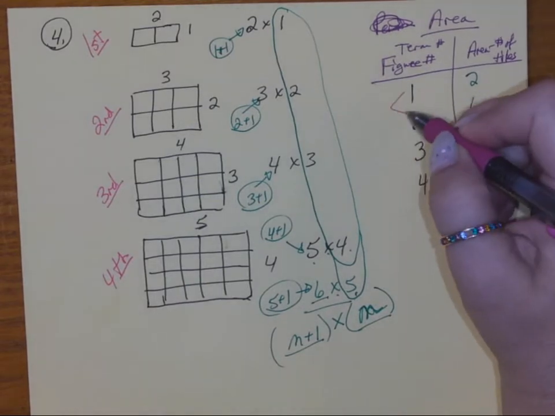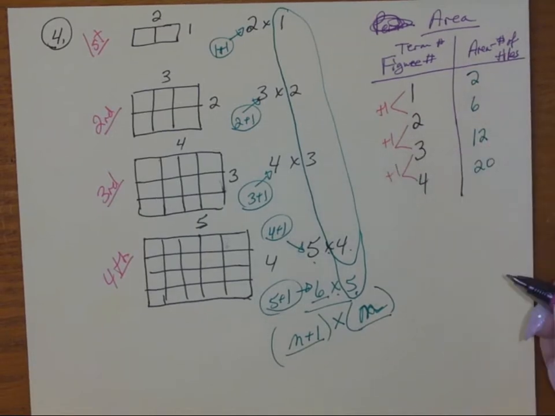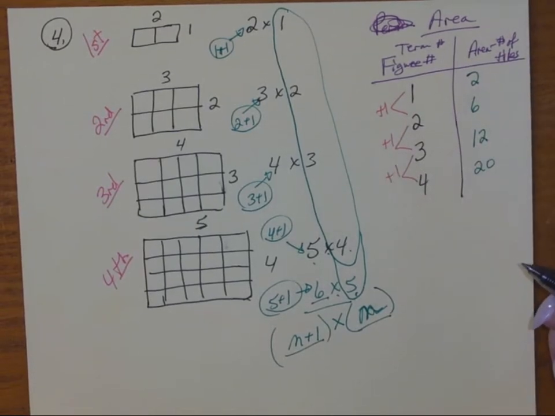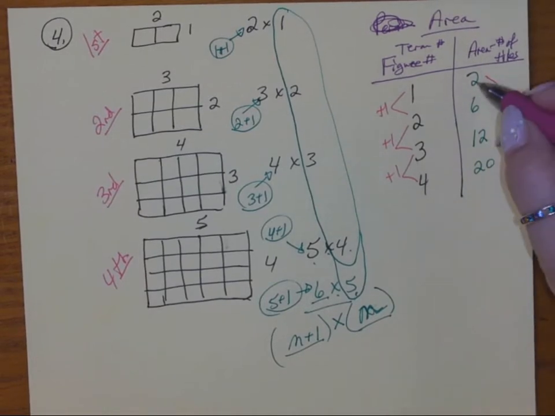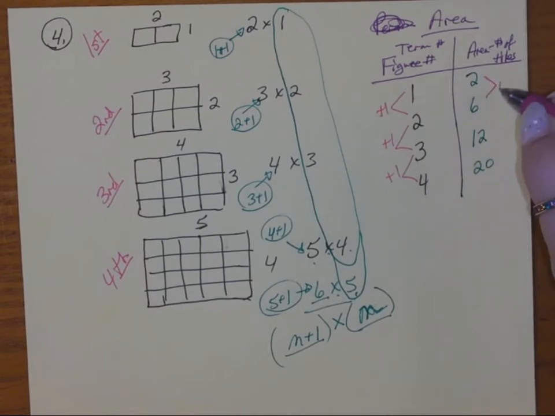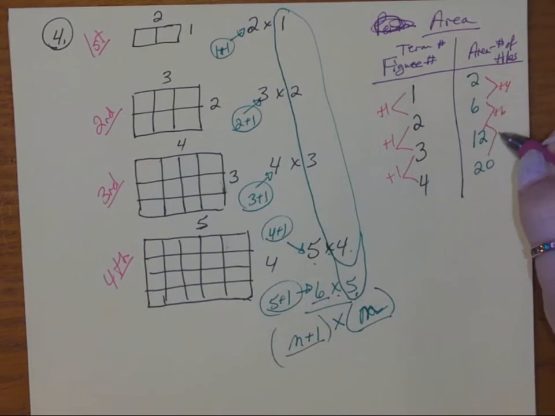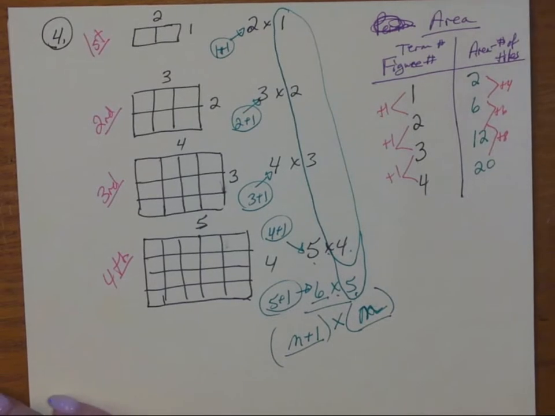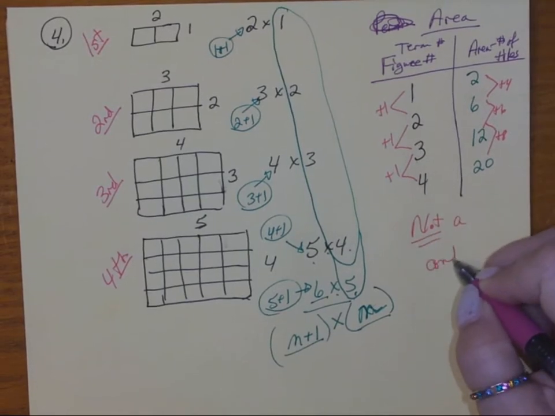I've still got my constant rate of change over here on my independent variable. Those are still going plus 1, plus 1, plus 1, right? But something weird's happening over here. This is plus 4. This is plus 6. This is plus 8. Oh, it's the first one like those we've had. Man. So this is not a constant rate of change, right?